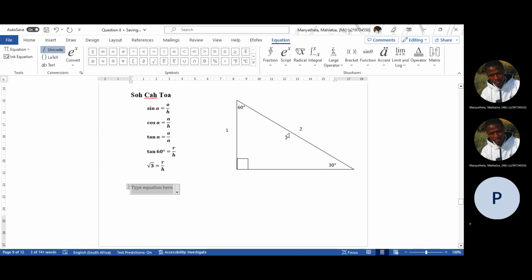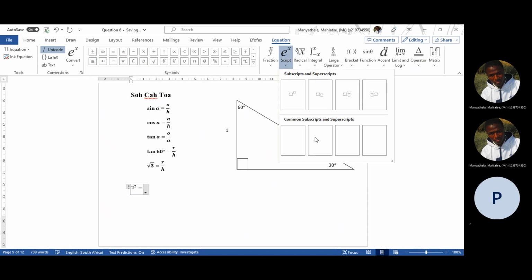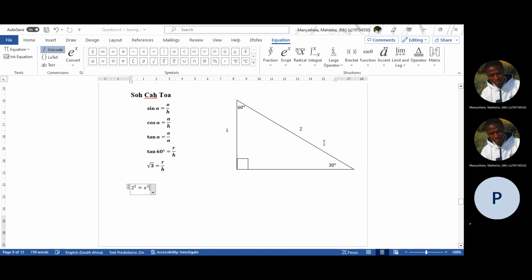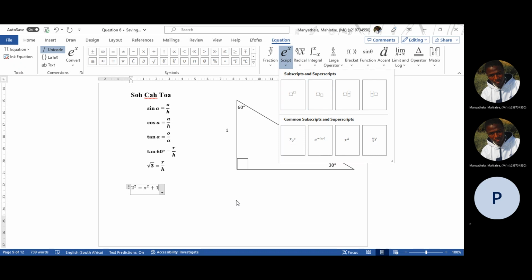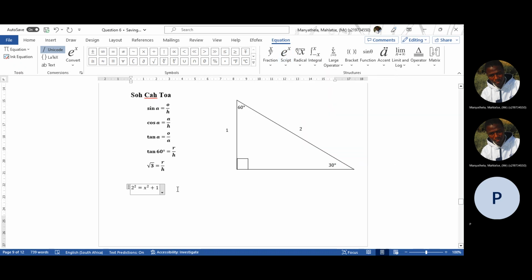We'll say 2 squared, from the theorem of Pythagoras. 2 squared is equal to the missing side, which I will call x, x squared, plus 1 squared. 1 squared is the same as 1.